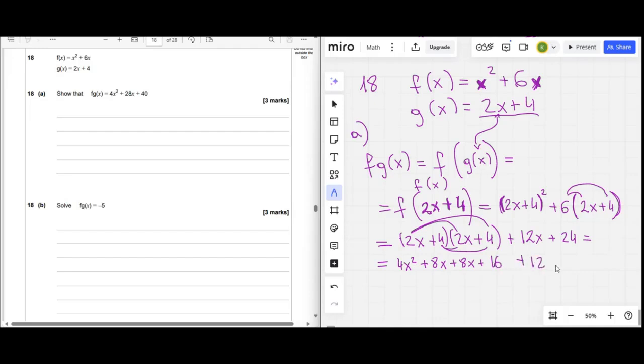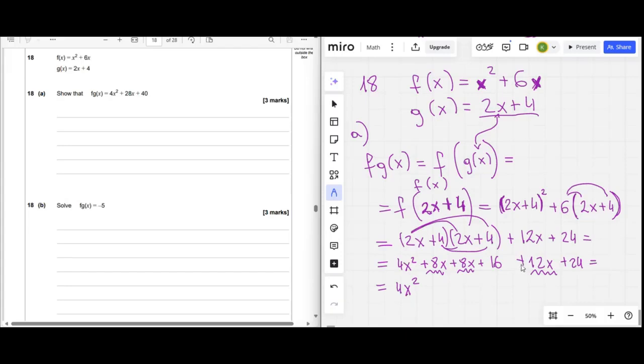And that other bit. Okay. 4x squared, we have 8x, 8x, and 12x. So we are looking for the similar terms.